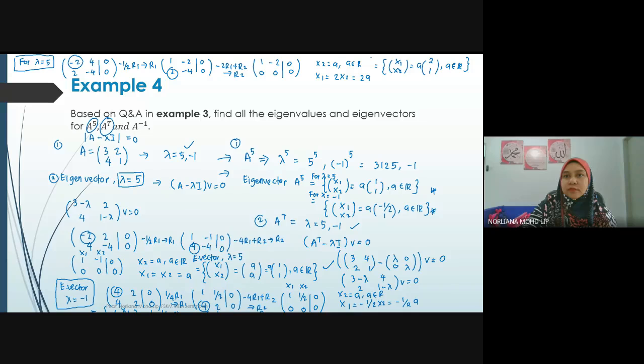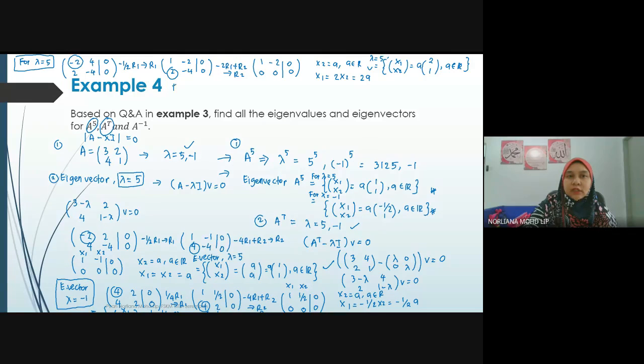This is for lambda equal to 5. So for lambda equal to 5, the eigenvector equal to this one. Kita beza sikit lah dengan untuk yang original. Original ni kan equal to 1, 1.